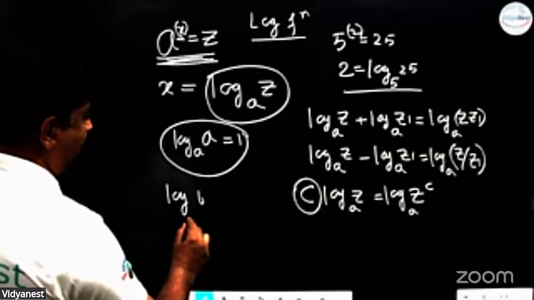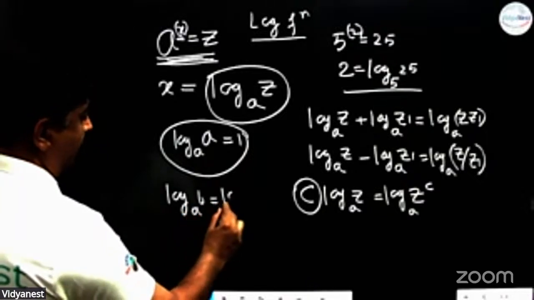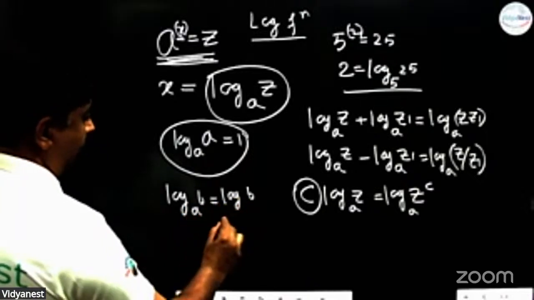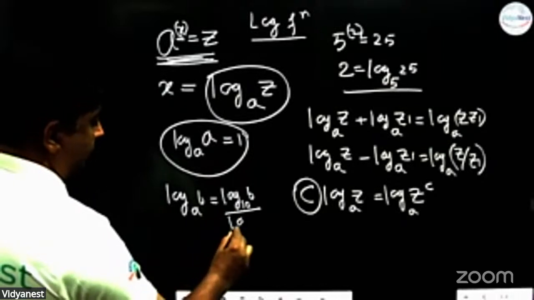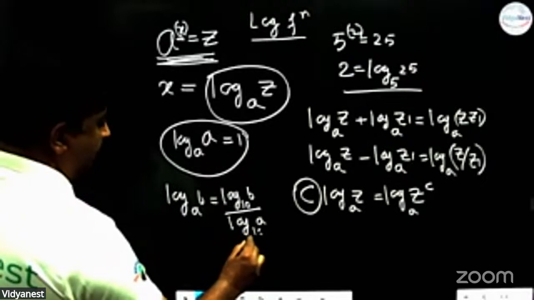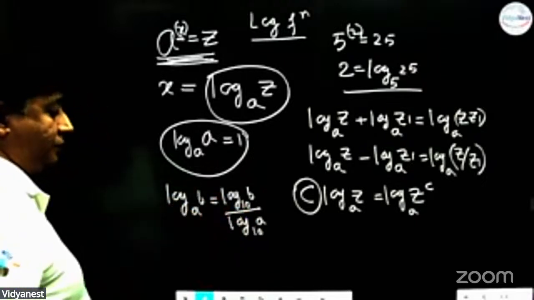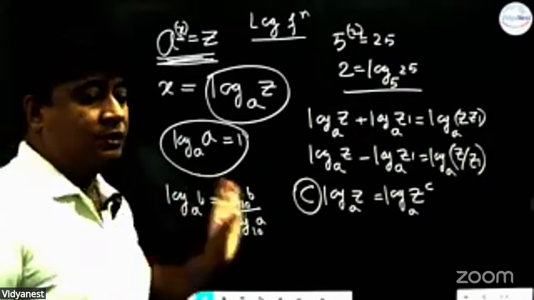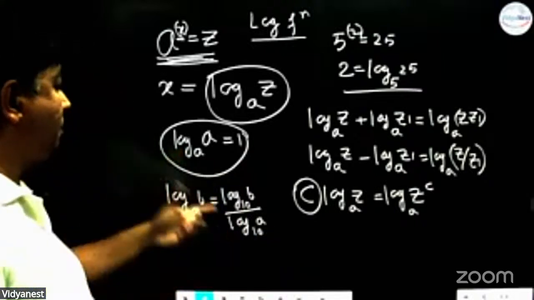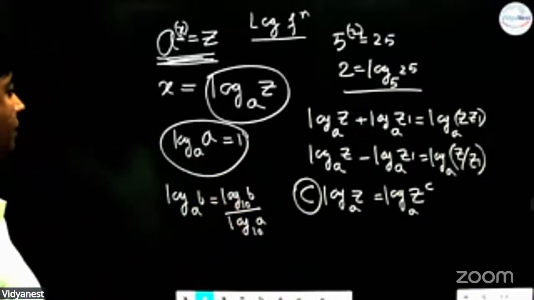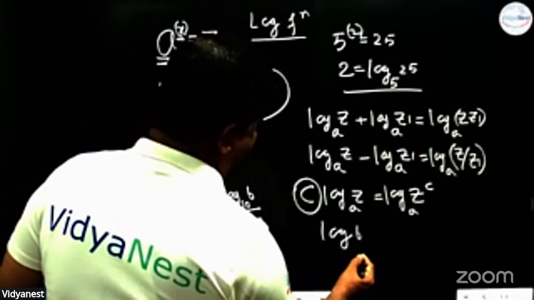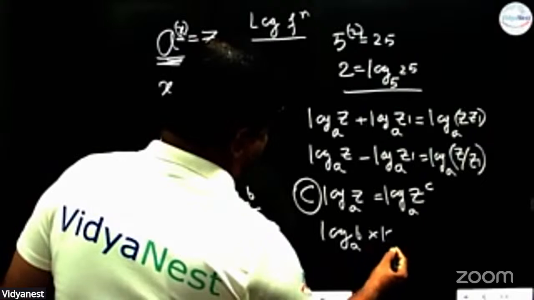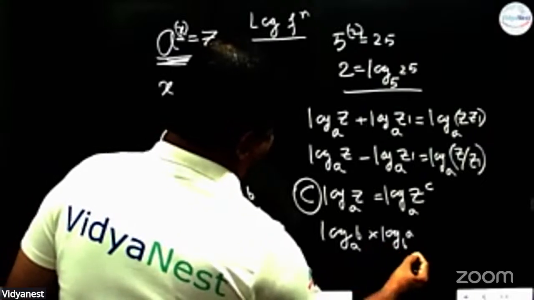Log b to the base a means log b to the base 10 by log a to the base 10, or e. If you wish, you can keep 10 silent. Now, log b to the base a into log a to the base b is always 1.